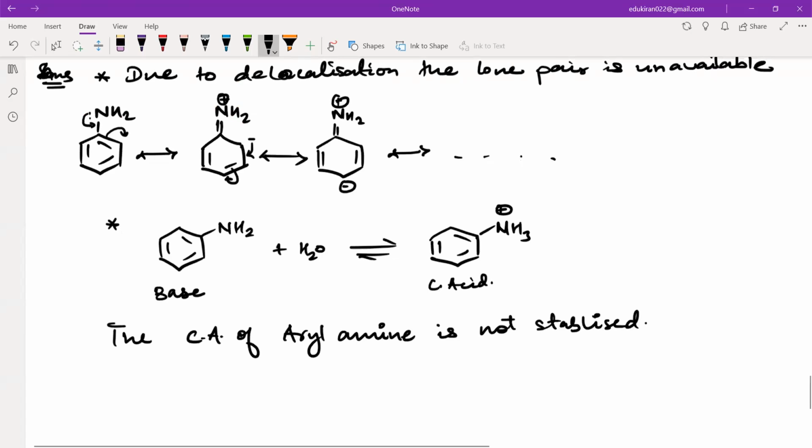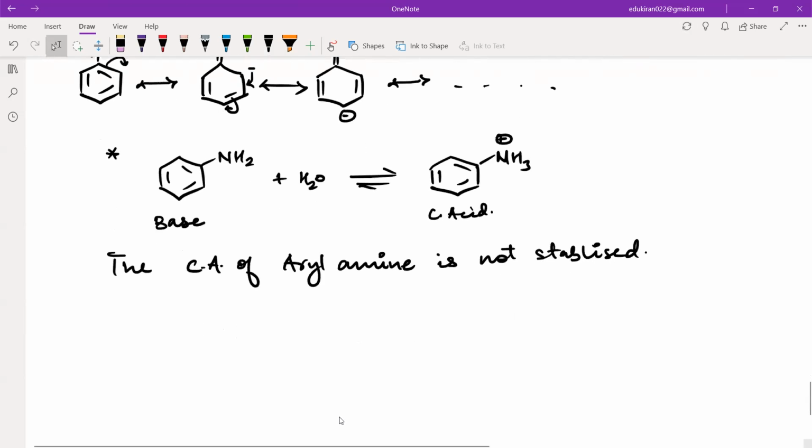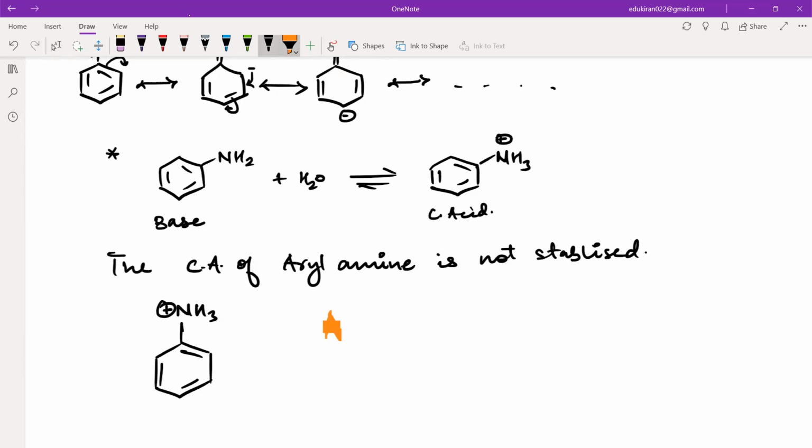Because you have NH3 positive and a double bond, then single bonds here. Now, if you want resonating structures like this, that A double bond B with a single bond C, and C has a positive charge.